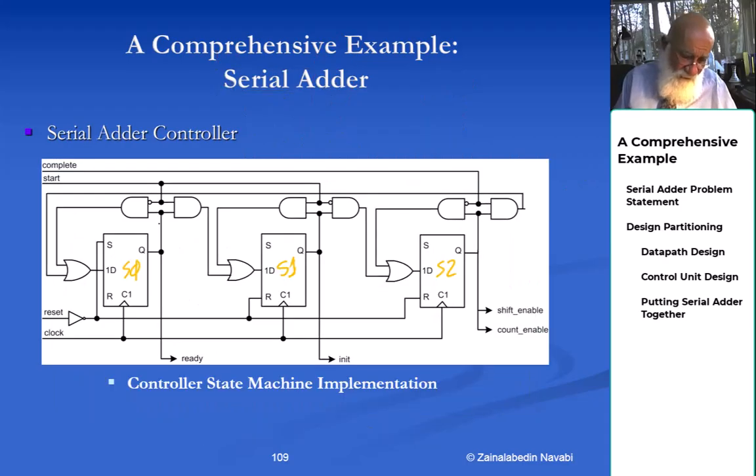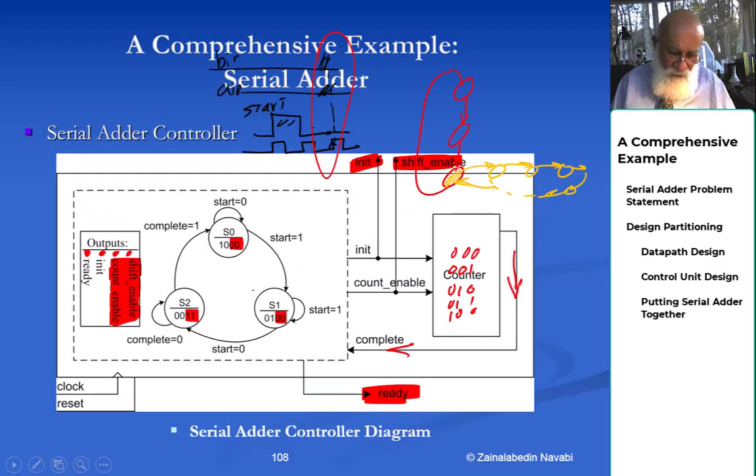So this is my start. As long as the start is 0, go back to itself. See here, as long as the start is 0, go back to itself. When start becomes 1, go to state 1.